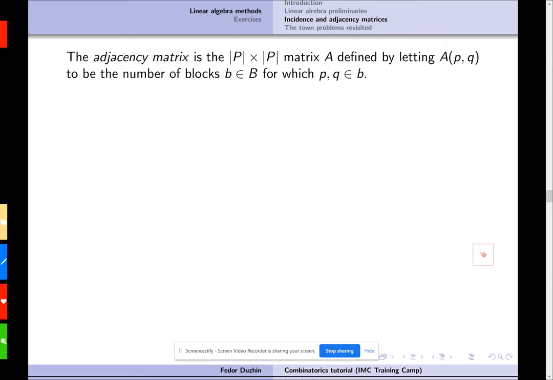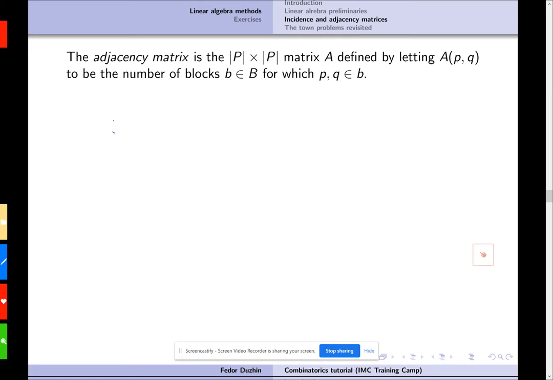All right, so then we have the adjacency matrix. And the adjacency matrix is indexed by both rows and columns corresponding to points.